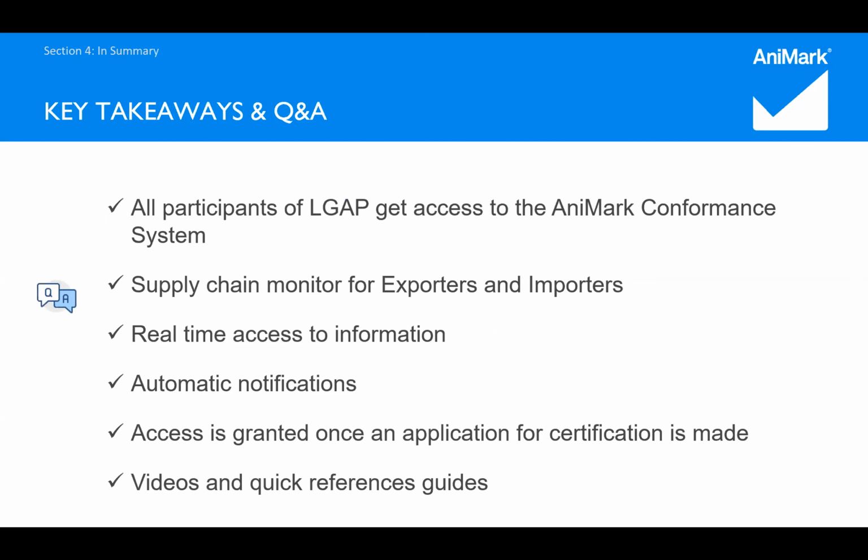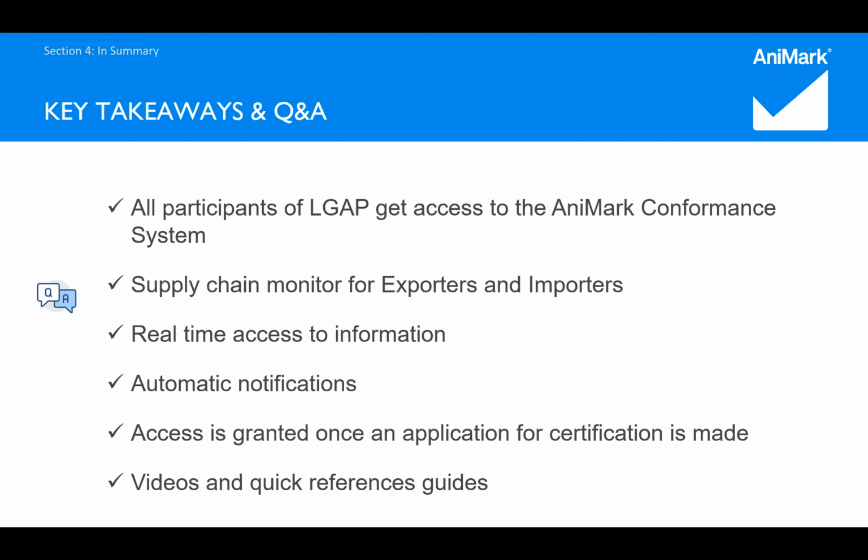The key takeaways of today's session, I'll just do a recap for you, is that all participants get access to the AniMark Conformance System, and that allows each user a login and to see, access and use information that's relevant to their role. Exporters and importers or operators under LGAP get access to the supply chain monitor, which we just ran through, and that allows conformity oversight over supply chain partners.